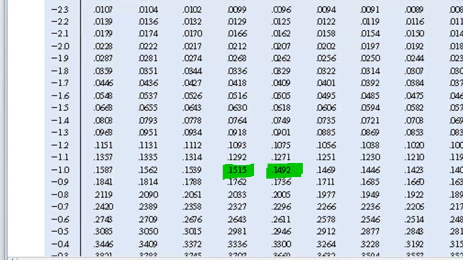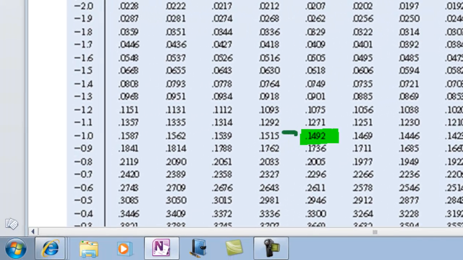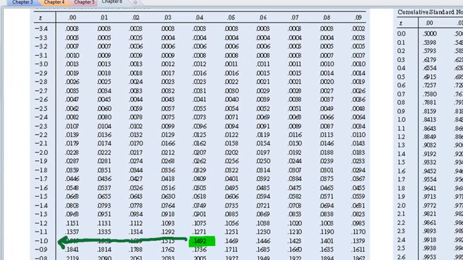15.15 and 14.92. Now, which one am I going to go with? I'm going to go with the one that is closer to 15% exactly. And so that is this one here, 14.92. So looking across, I see the z-score that goes with it is negative 1.04.